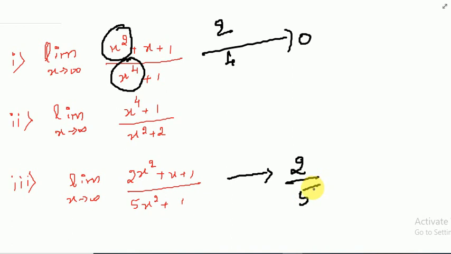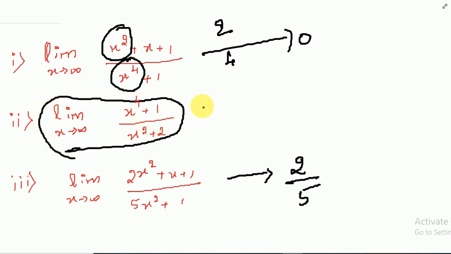Therefore the answer will be 2 by 5. Very simple. And this is the second one. Now this one: degree of numerator is greater than degree of denominator, hence the answer will be infinity. Very easy cases. We can make use of this in one of the upcoming important results.